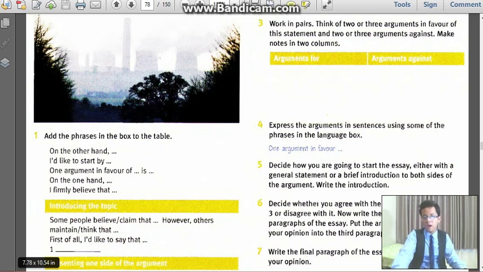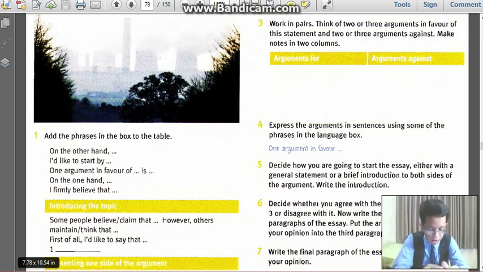So I'll have some of my own arguments for and against the task right over there: rich industrialized nations are responsible for global warming, so it is their duty to find a remedy. Do you agree? I have two ideas for each.